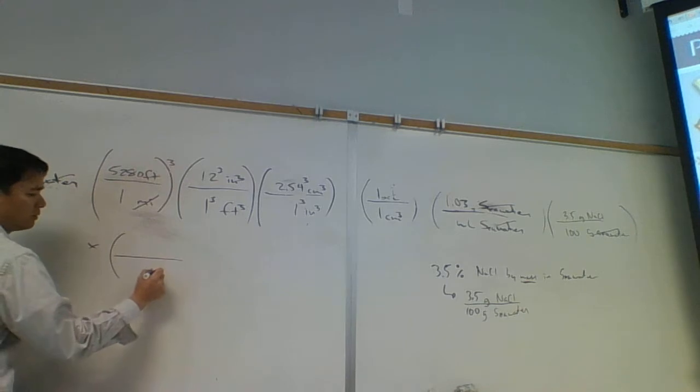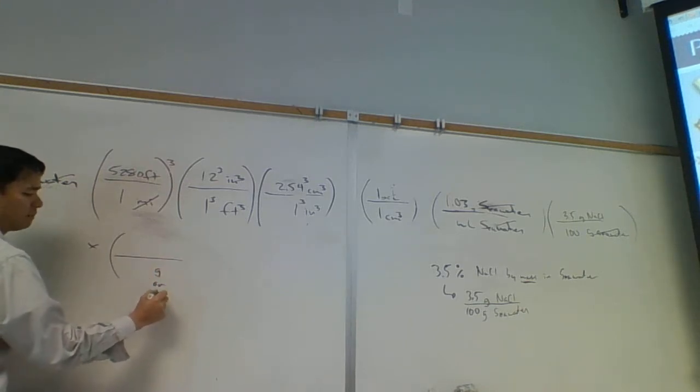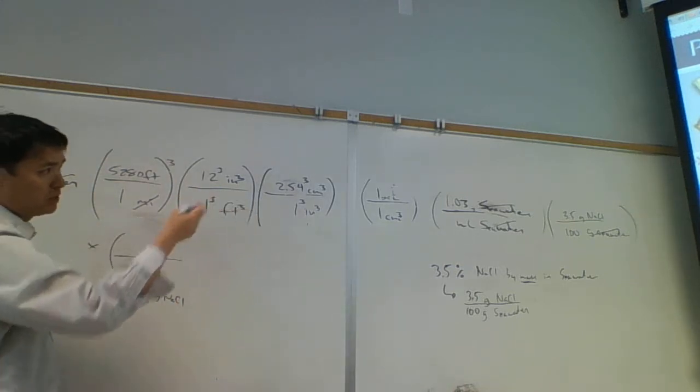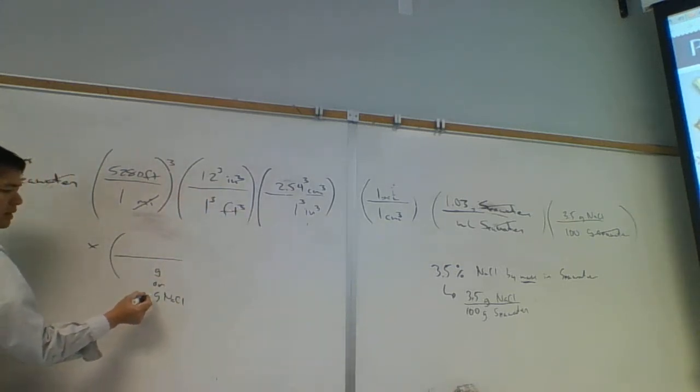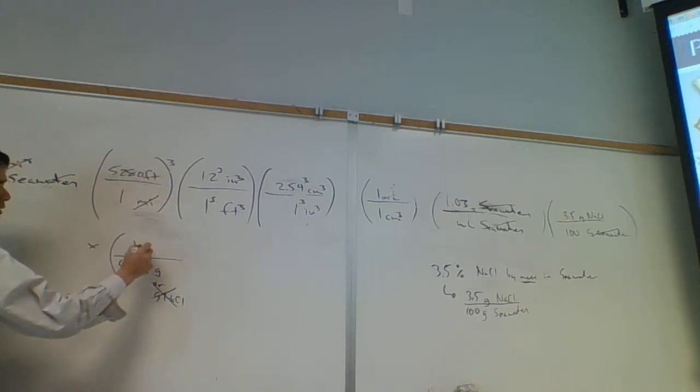And then from the grams of pure sodium chloride, we got to get rid of that. We're either going to get rid of grams, or we're going to get rid of grams of sodium chloride. Well, we aren't going to get rid of grams of sodium chloride because we just used our relationship there. So we're going to get rid of grams. So we can go from grams to what? Here. So we'll go from grams to pounds. 453.6 grams for every pound.